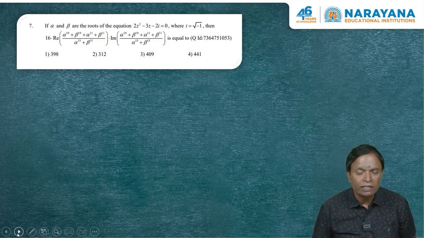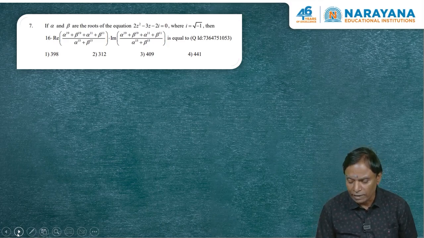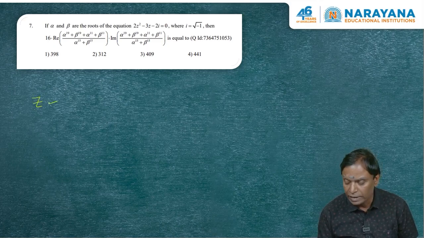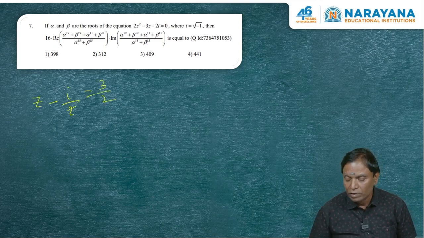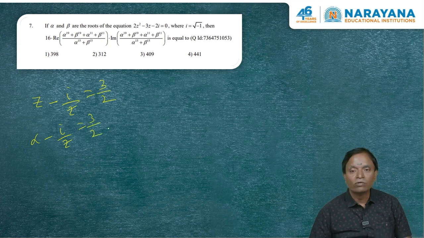The best way is you look at how the higher powers can be calculated. From the given equation, I can write z minus i by z as 3 by 2. So, alpha is the root, I can write alpha minus i by alpha is equal to 3 by 2. Similarly, beta minus i by beta is equal to 3 by 2.